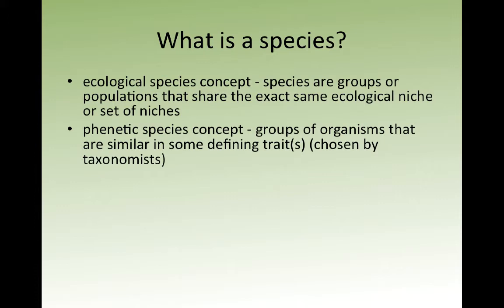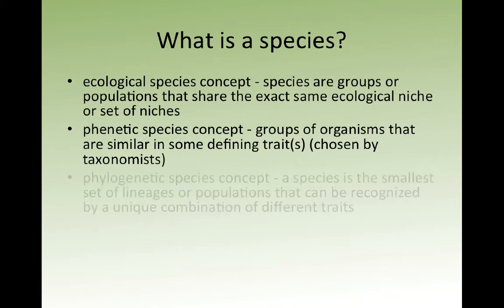So in the ecological species concept, we have species grouped by the perceptions of ecologists, basically, and phenetic species were grouped by physiologists, developmental biologists, things like that, people who saw similar traits among different organisms.